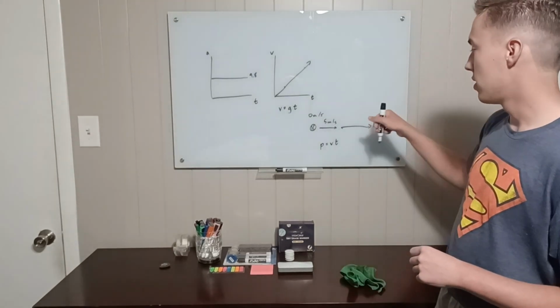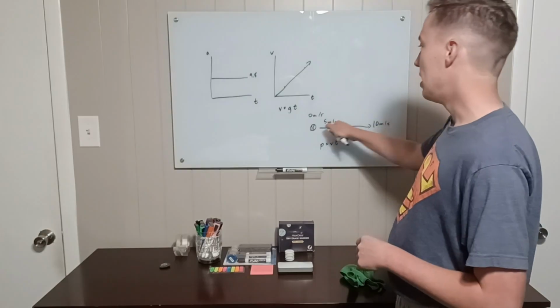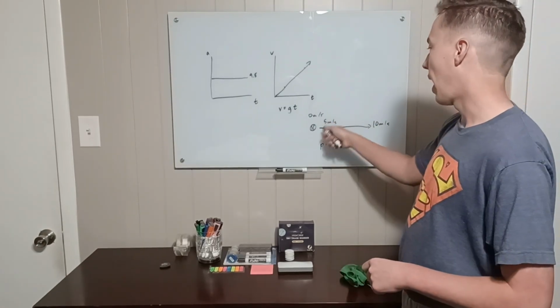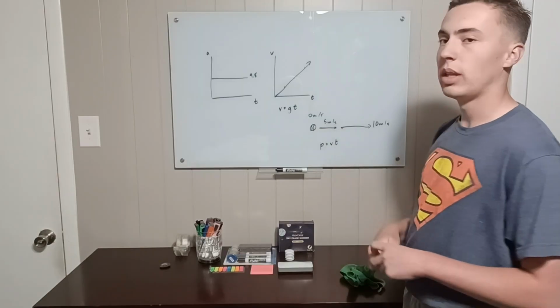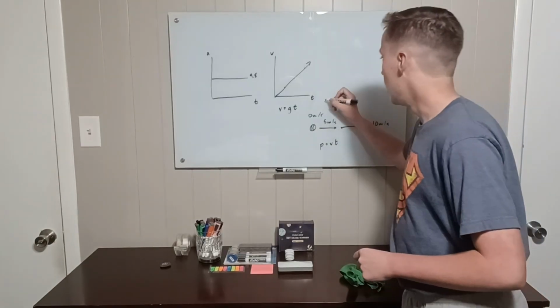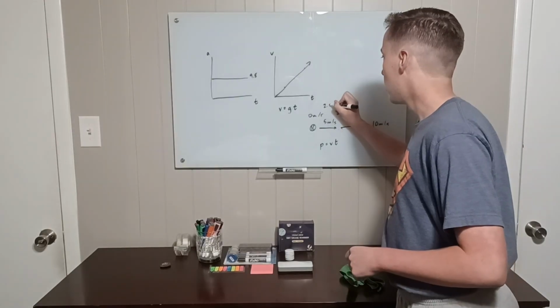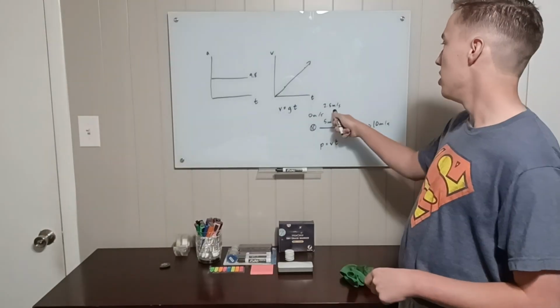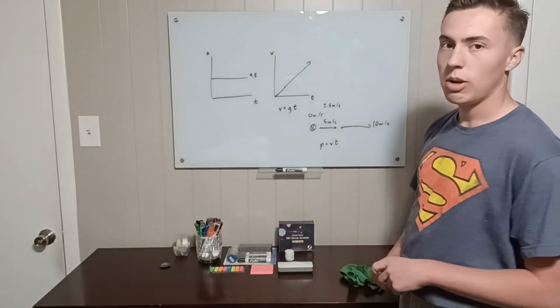So the correct answer is that you take the average of these two speeds. And so if you find that the average speed that the ball has traveled within this 1 second is 2.5 meters per second, then you can just use this with this equation.